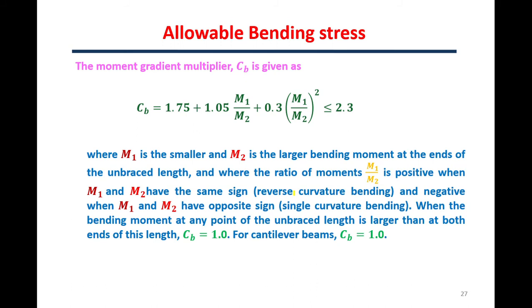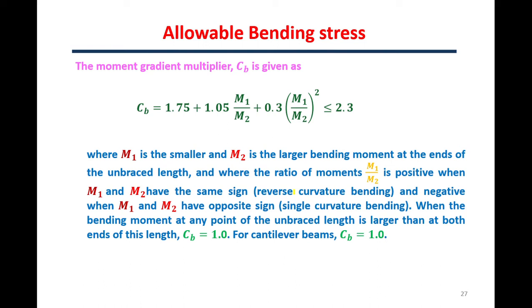So for the moment gradient multiplier, CB is given as 1.75 plus 1.05 M1 over M2 plus 0.03 multiplying the quantity of M1 over M2 squared, less than or equal to 2.3. M1 is the smaller and M2 is the larger bending moment at the ends of the unbraced length.